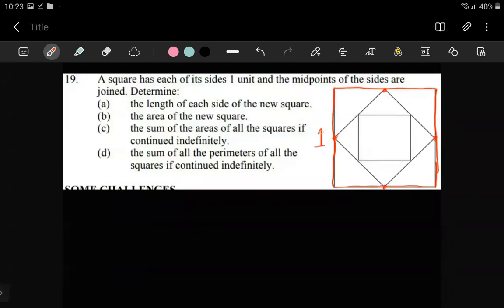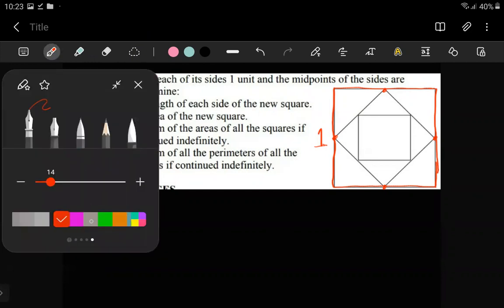So here we can see we have to be creative, and it's clearly not straightforward. Now, let's see what we're seeing here. It says, determine the length of each side of the new square. So in our image, we have 2 more squares.